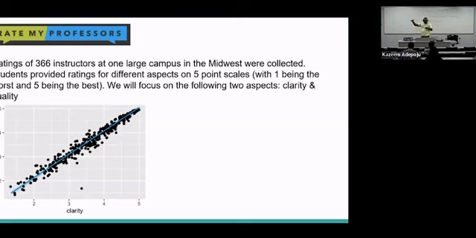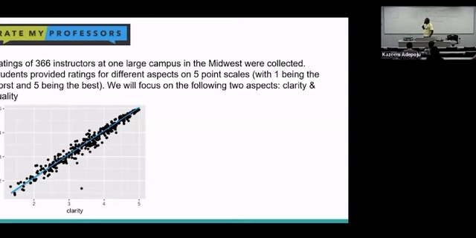But for the purpose of fitting simple regression, because you can only fit a simple linear regression when you have two variables, one dependent and one independent, we only want quality and clarity.